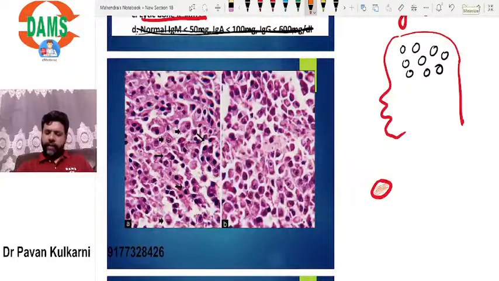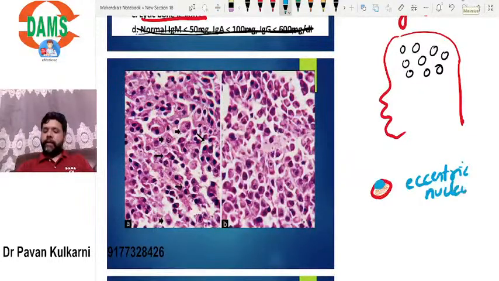Suppose this is the cytoplasm. This cell will look like this. This is a plasma cell. So an eccentric nucleus will be there in a plasma cell. That means the nucleus will not be in the center of the cell, just away from the center.